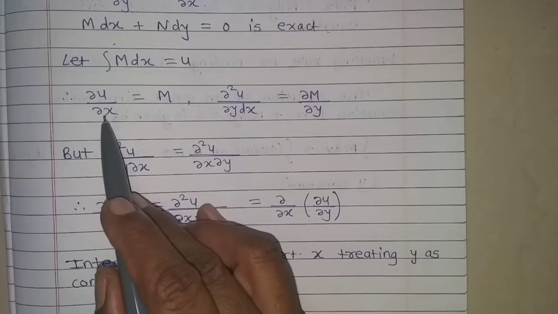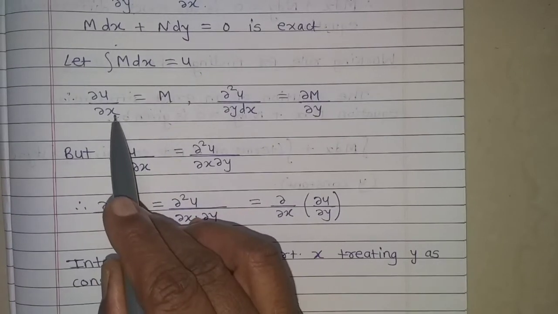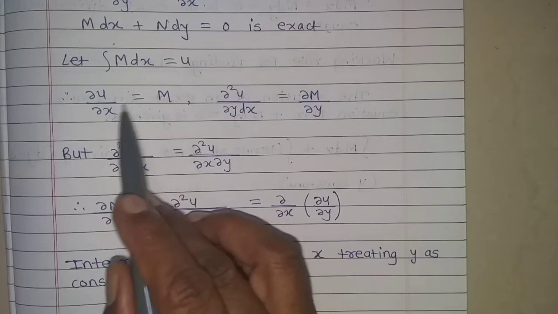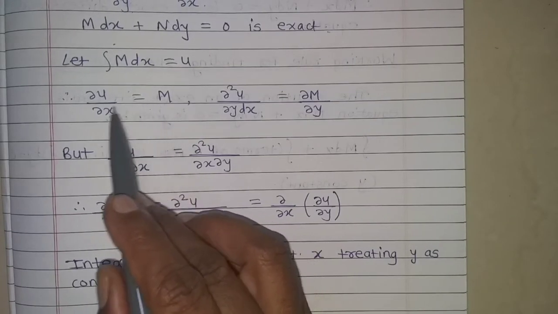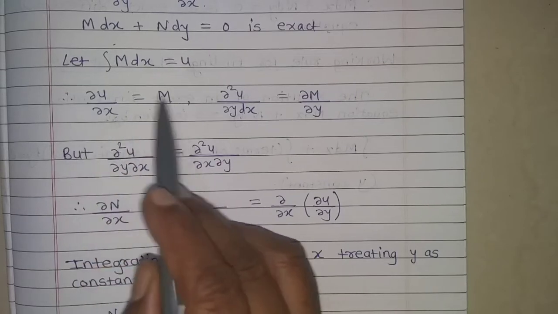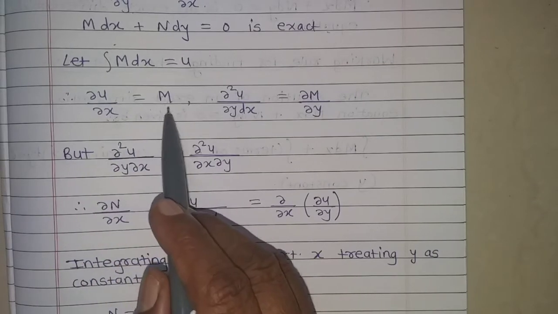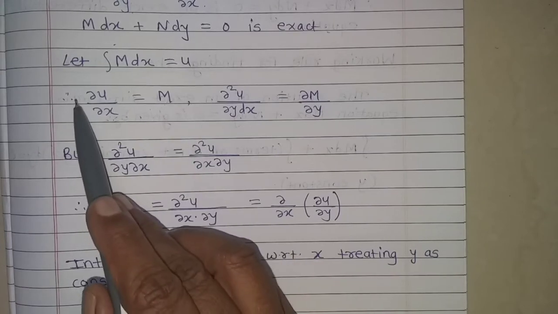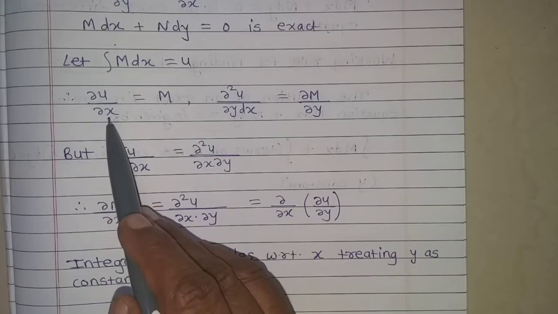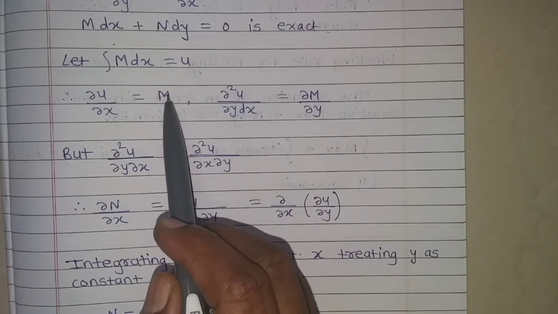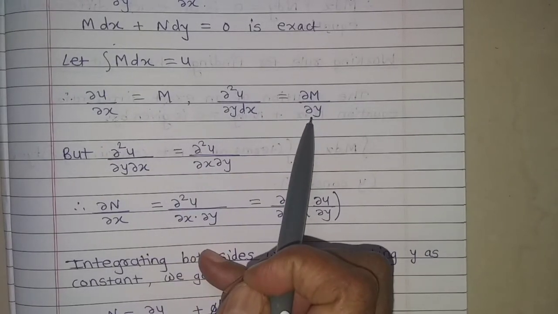Now we take the partial derivative of both sides of M = ∂u/∂x with respect to y. So we get ∂/∂y of ∂u/∂x, which is ∂²u/∂y∂x = ∂M/∂y.